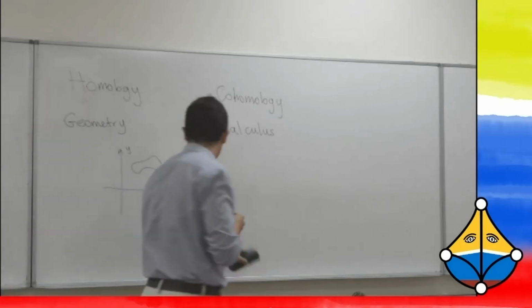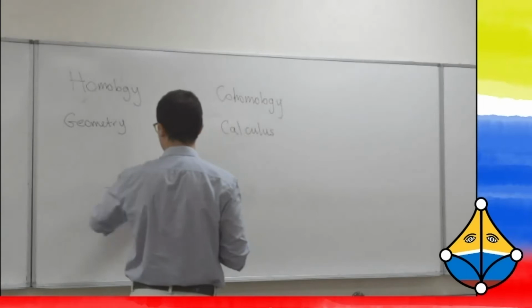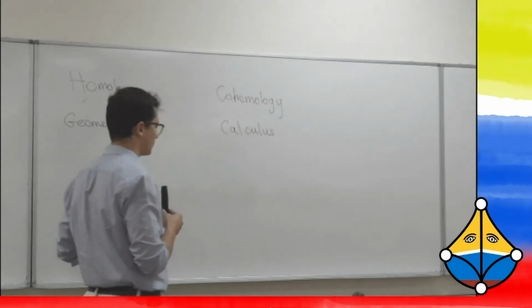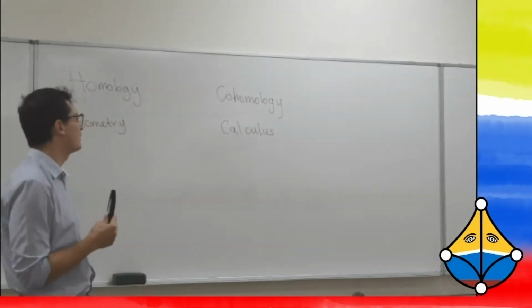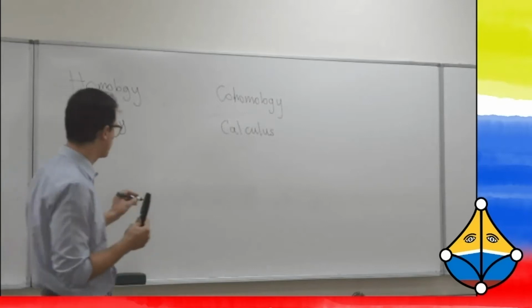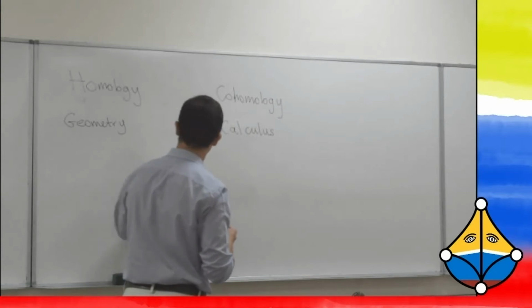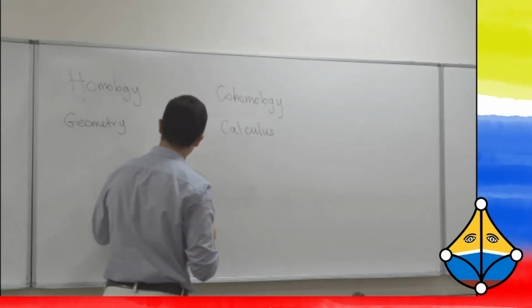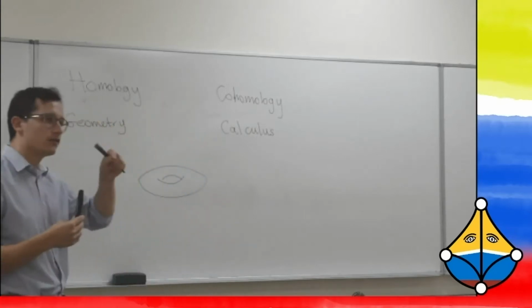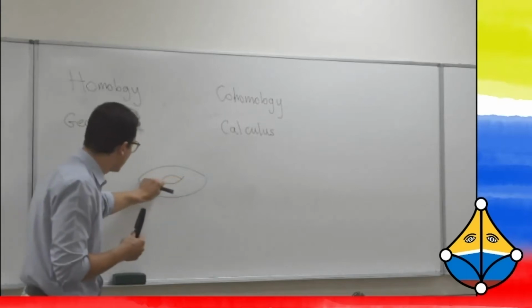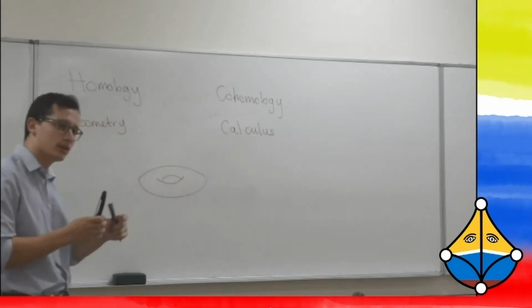Let me give you an example. Let's say you have a torus. If you draw a curve, a loop, just around the hole within the torus, it's not bounding anything.